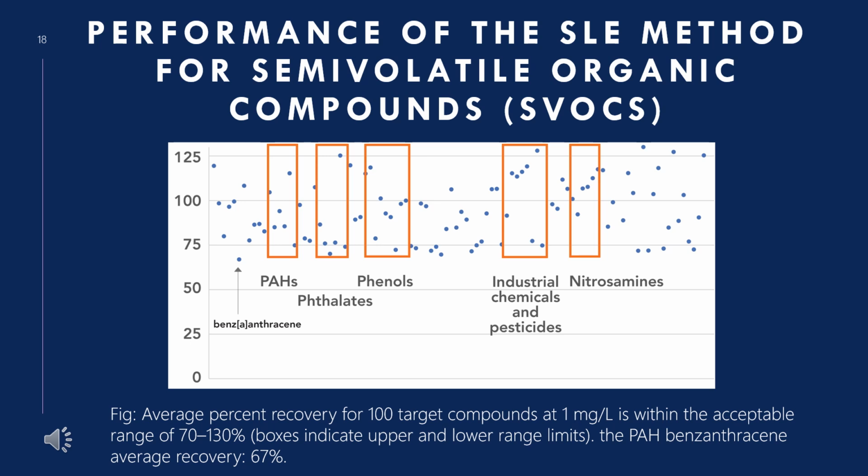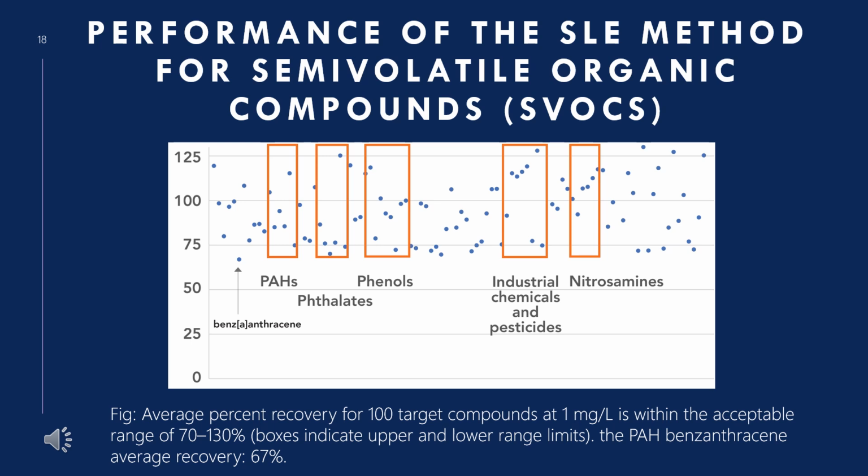And here each group of the compounds was extracted separately. The acid fraction containing phenols was collected first, followed by the base or neutral fraction containing PAHs, PCBs, and so on. Then each fraction was analyzed separately, and here the boxes are showing the lowest and the highest range, which is from 70 to 130.